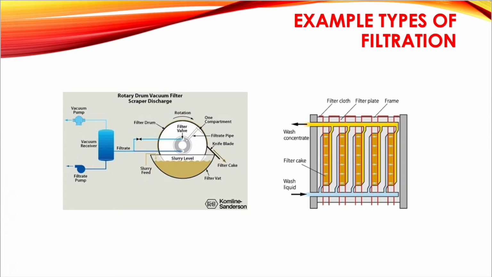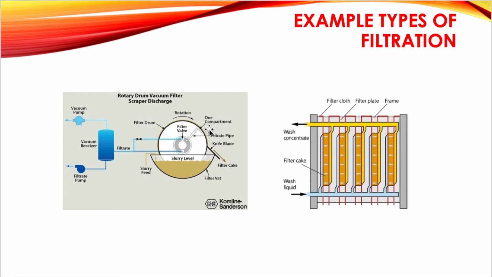These are two common examples of types of filtration in the industry. We have the rotary drum vacuum filter with a scraper discharge, and we have plate filtration.